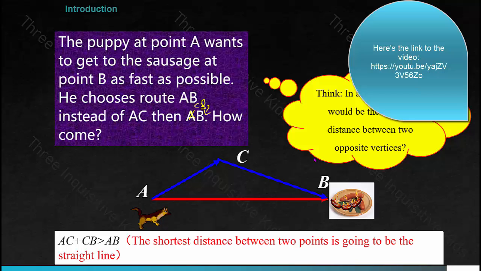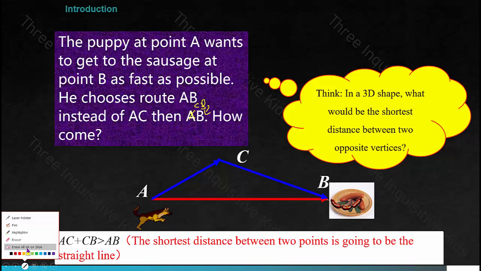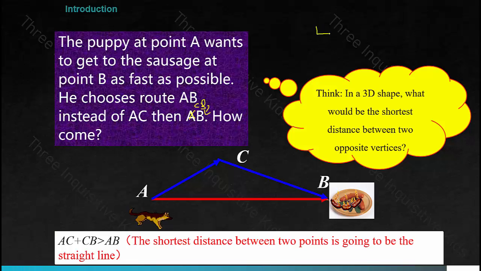So think, in a 3D shape, what would be the shortest distance between two opposite vertices? So here's what I mean.